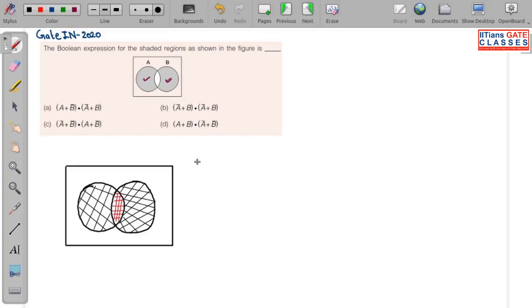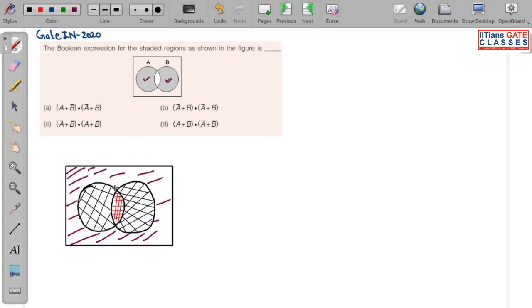Now tell me one thing, what is this whole complete area? First let me come to this point.